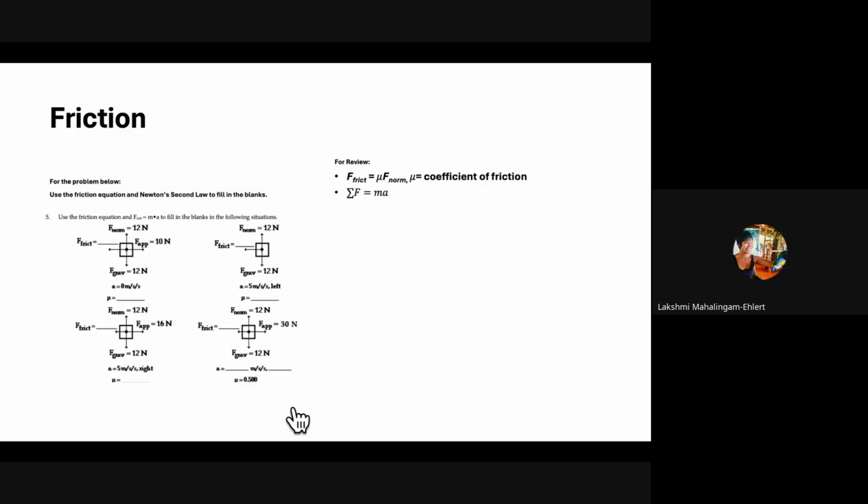We're just solving for the unknown like we did in the last class. You bring 12 over and it'd be 10 over 12. And 10 divided by 12 is 0.833.